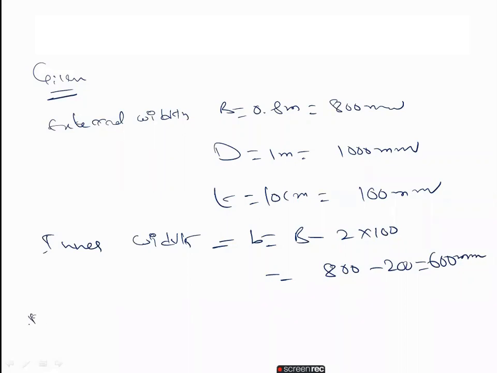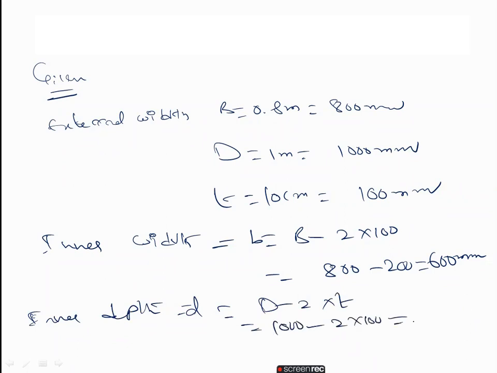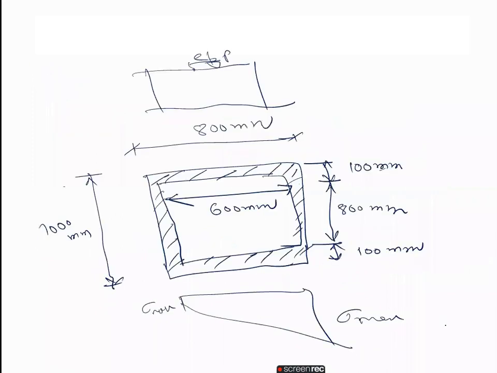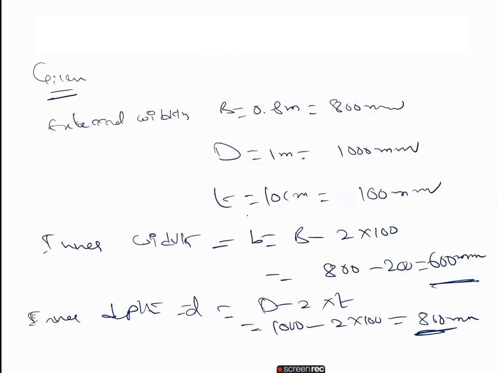Same like this, inner depth small d equal to capital D minus 2 into t, 1000 minus 2 into 100, you will get 800 mm. Simply we deduct the thickness from the external depth and external width. So we got small b, small d, capital B, capital D.